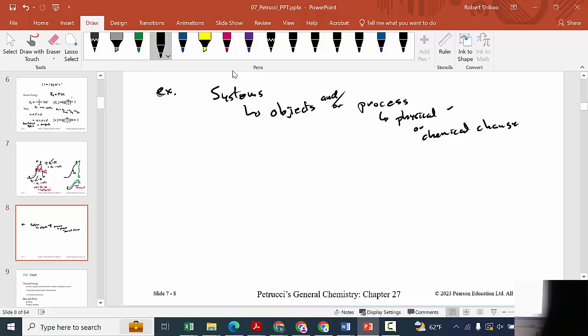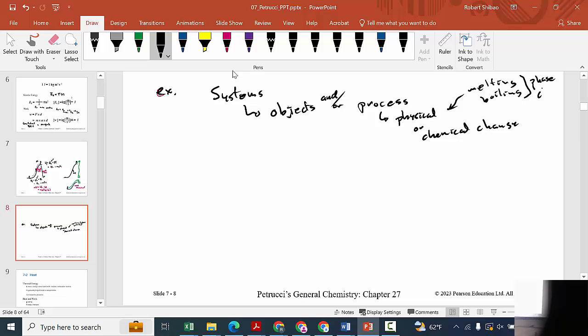And so physical changes would be like melting or physical process melting. What's another one? Boiling. And these ones we term as phase changes because the phase is in the solid phase, the liquid phase, or the gaseous phase, or the plasma phase.